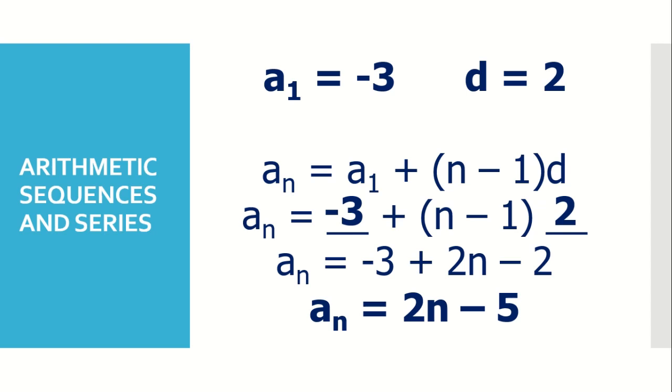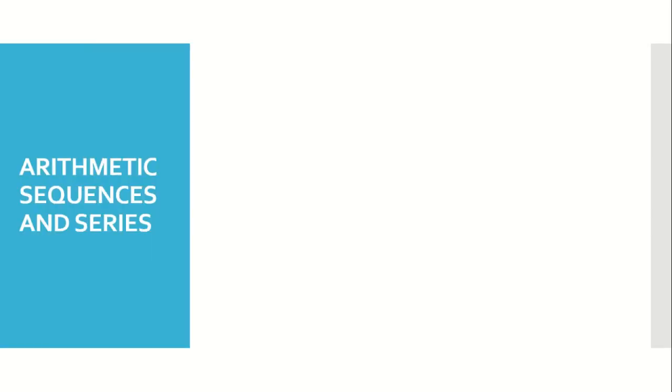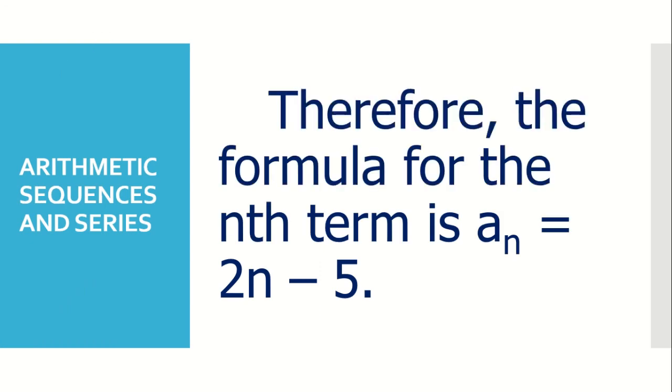Therefore, we have a sub n is equal to 2n minus 5. Therefore, the formula for the nth term is a sub n equals 2n minus 5.